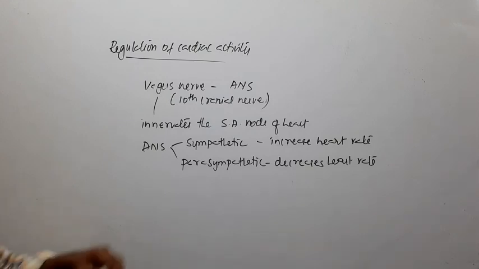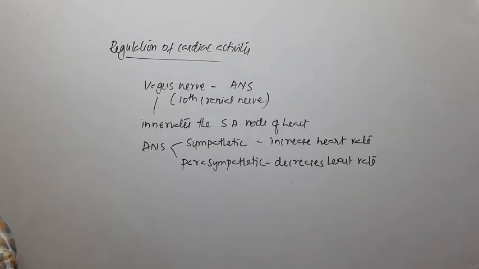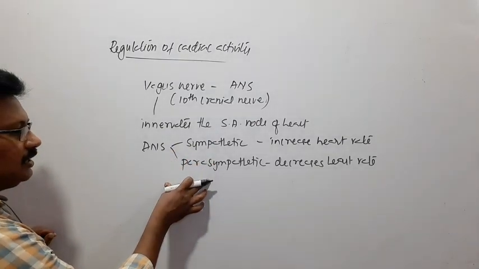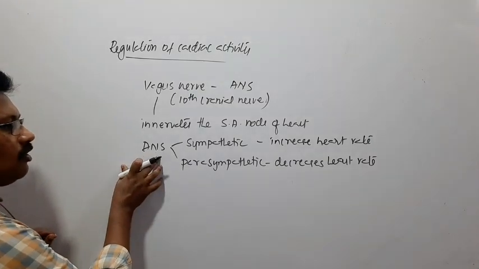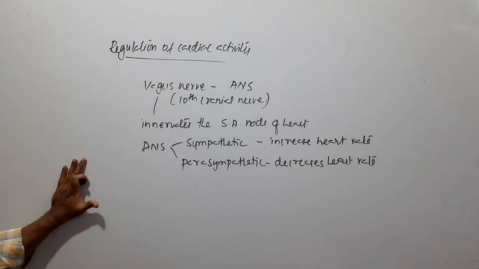And when you don't have any such situation, the heart beats normally. That's how the sympathetic and parasympathetic nerves, part of the autonomic nervous system, can increase or decrease the heart rate.